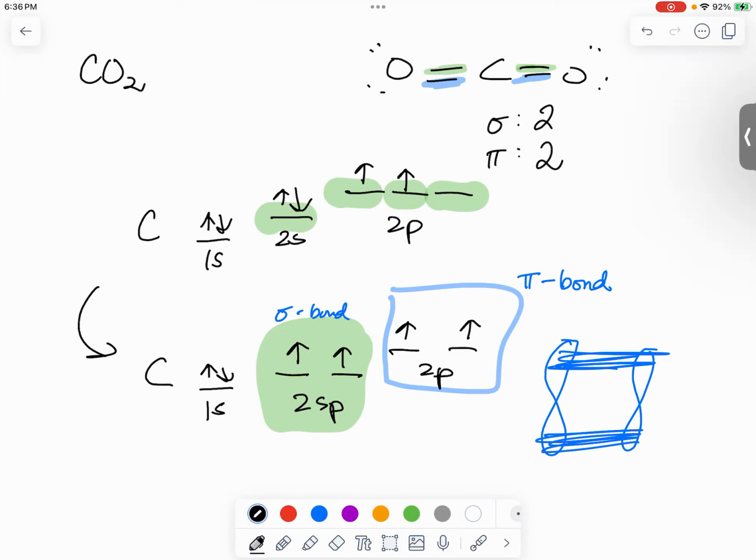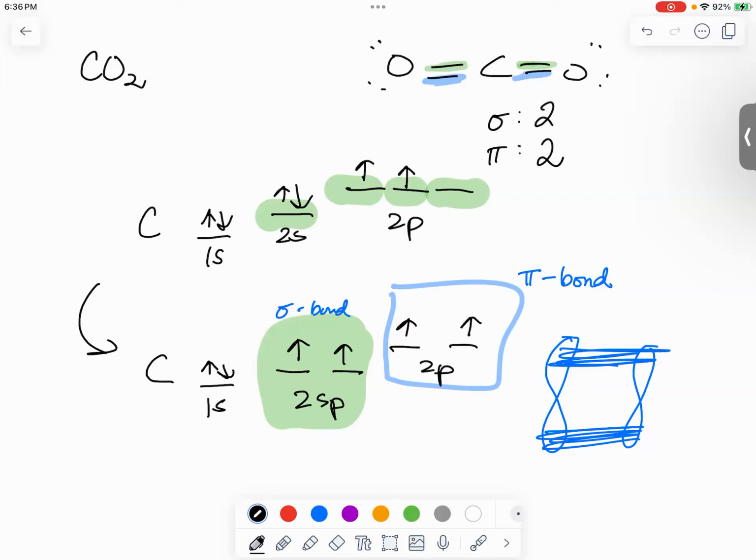Okay, every single bond, every double bond, it's 1 sigma and 1 pi. Okay, and this is how we see the orbital hybridization, and this is also how we see the formation of these bonds. So it is very important to know orbital hybridization, and in addition to knowing how to tell, it is important to know how to explain it and how we see the sigma and pi bond.